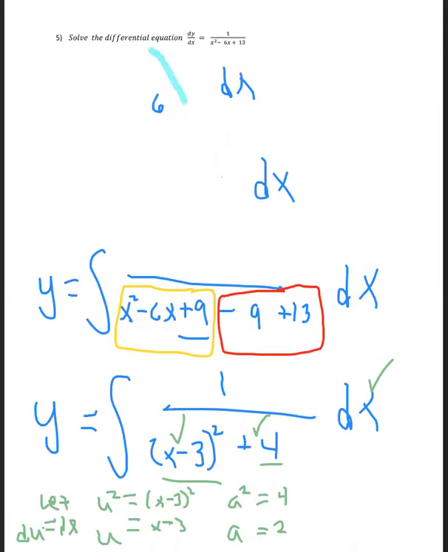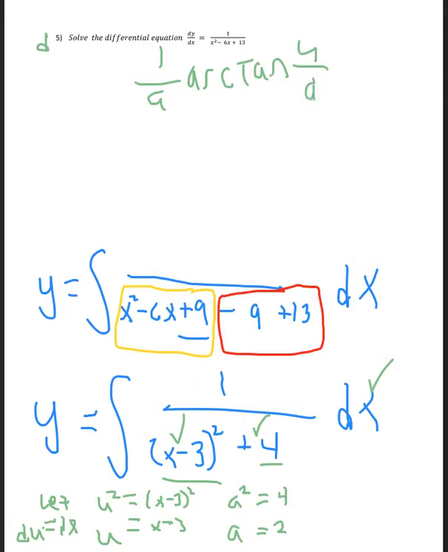Do you guys remember the arctangent formula, or do you want me to write it again? Can you write it? Yeah. So the arctangent formula, I just want to make sure I'm writing the right notation. It's 1 over a arctan of u over a plus c.